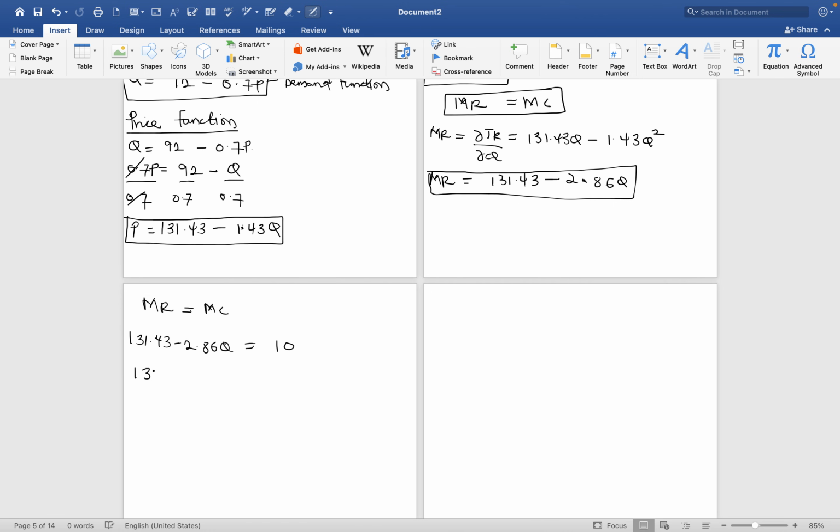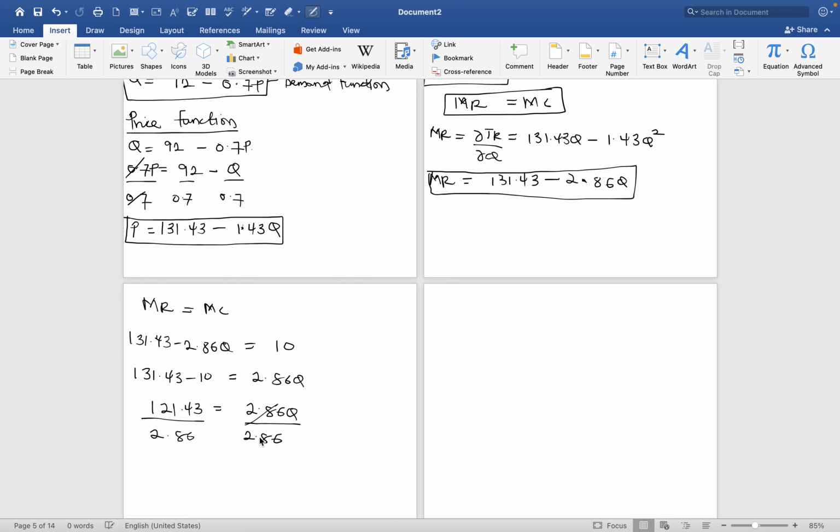So 131.43 minus 10 is equal to, we move this to the left hand side, 2.86Q. So 131.43 minus 10 will give us 121.43, which is equal to 2.86Q.